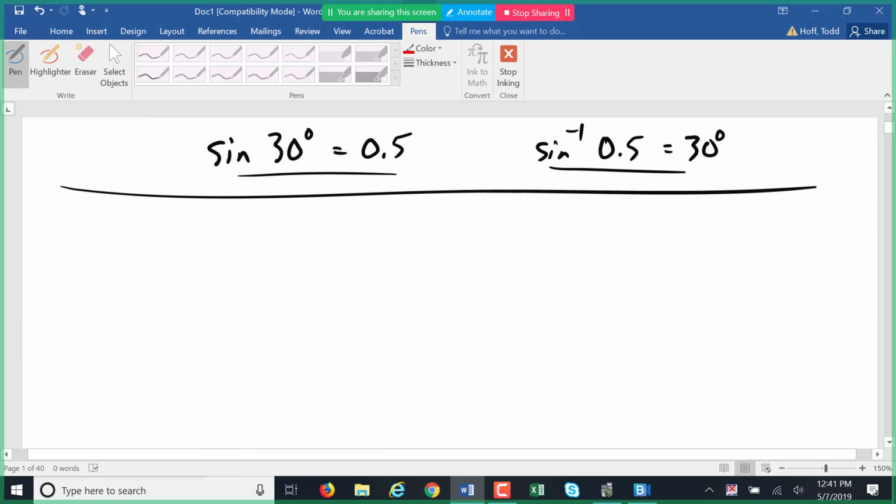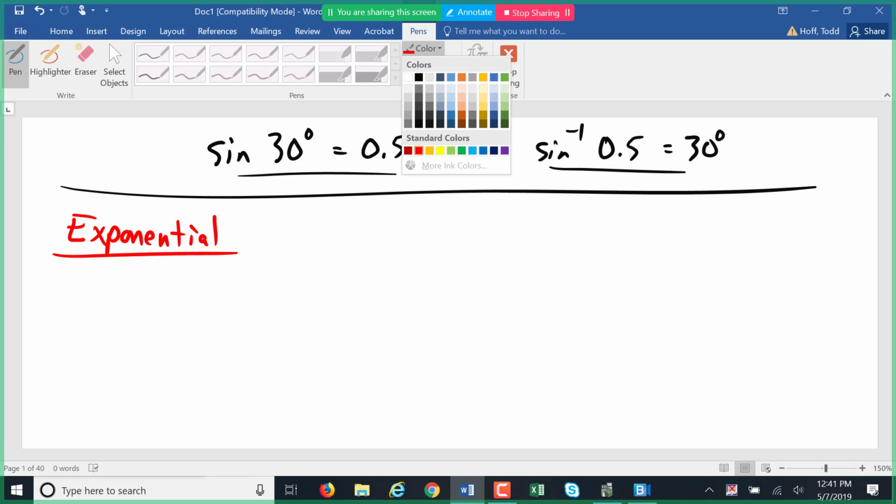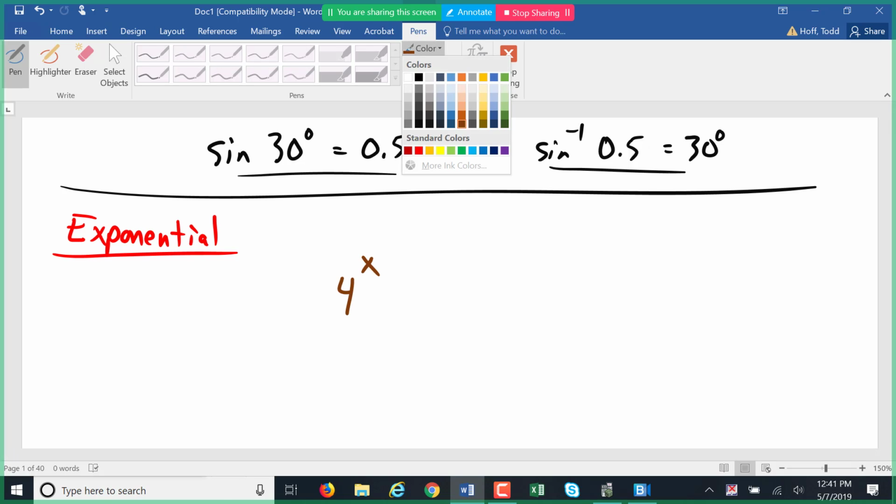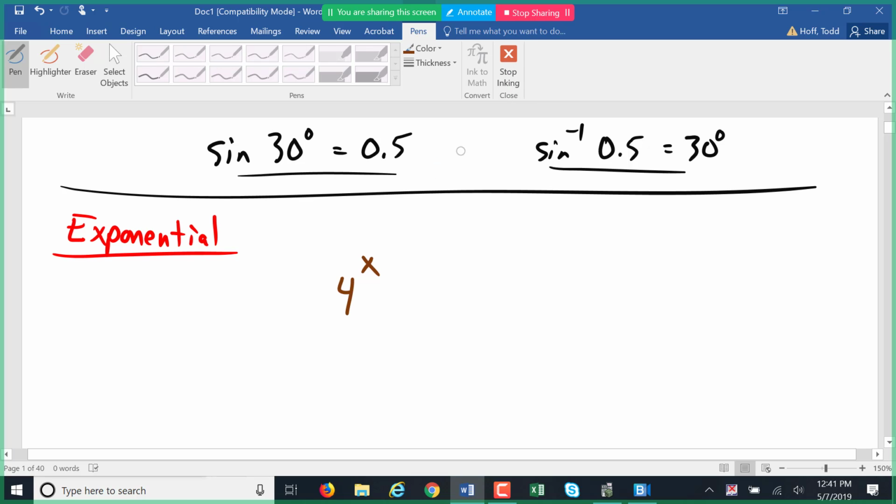In exponential, the variable is not what we were acting on. The variable is what was doing the action. It wasn't x to the power of 4. It was 4 to the power of x. To reverse that, today we're going to talk about logarithms.